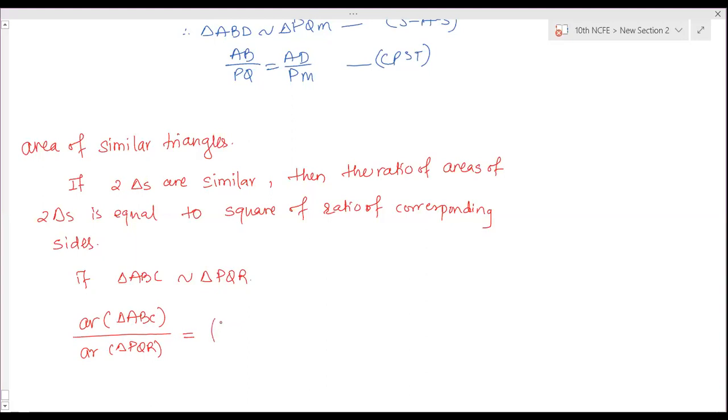AB and PQ. So AB by PQ whole square. Another corresponding side is BC by QR whole square. That is equal to AC by PR whole square. So any corresponding side ratio squared is equal to the ratio of areas of those two triangles.